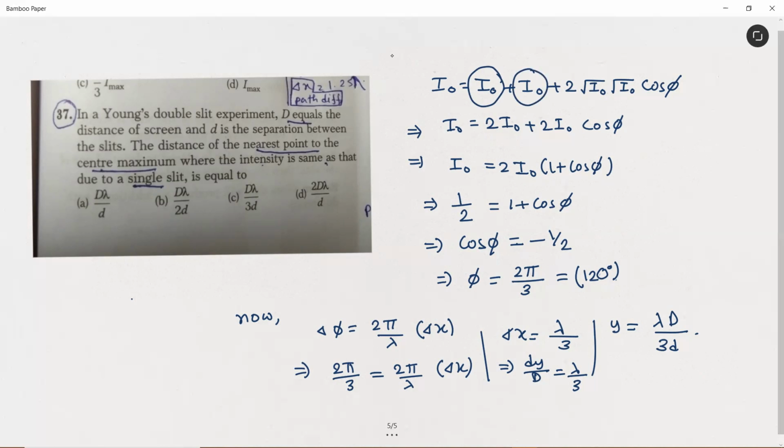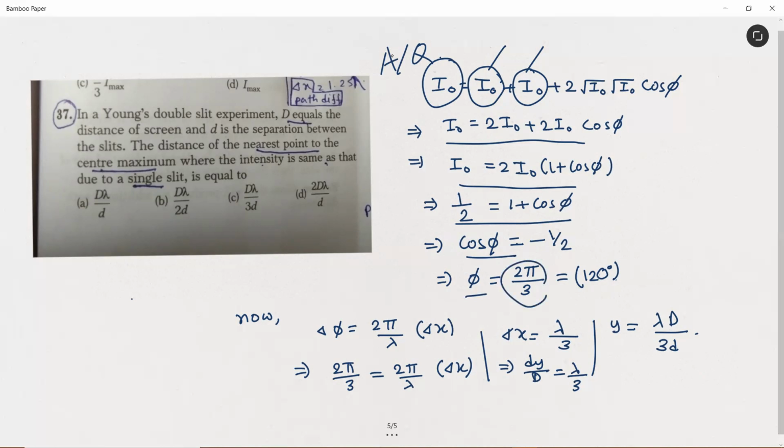We know the equation for finding the resultant is I1 plus I2 plus 2 root over I1 I2 cos phi. Now they were the same, and the result is also the same as that of the single slit. So this is the equation formed from the question. We can write according to the question. After a few steps, we come to the value of cos phi as minus half, that is phi equals 2 pi by 3, which means 120 degree. You know the value of cos at 120-degree angle is minus half.